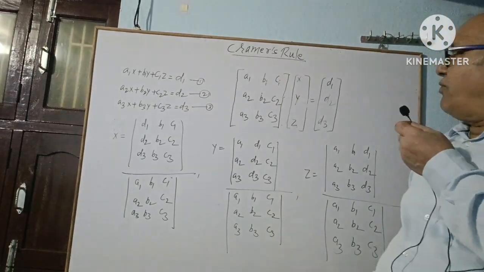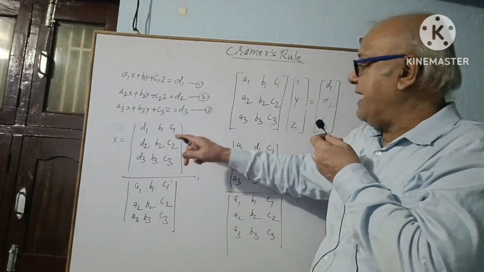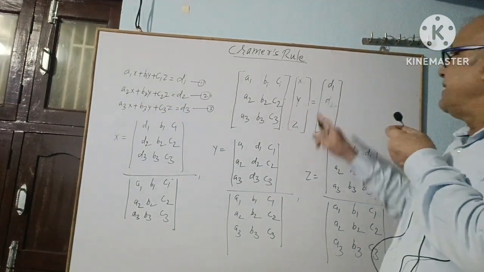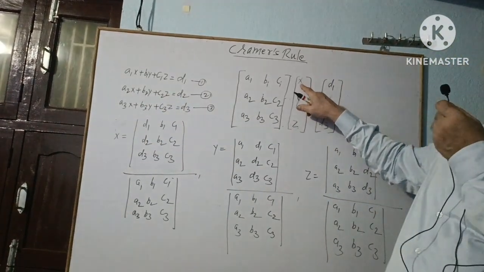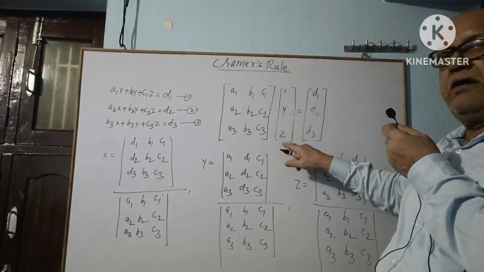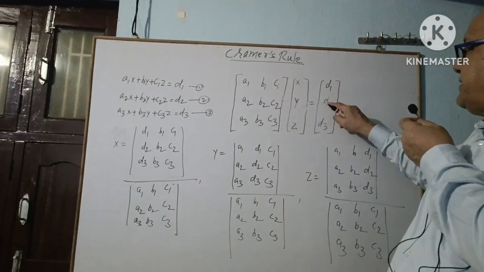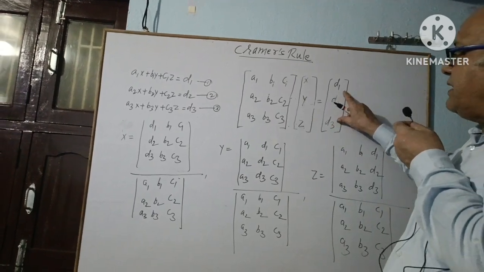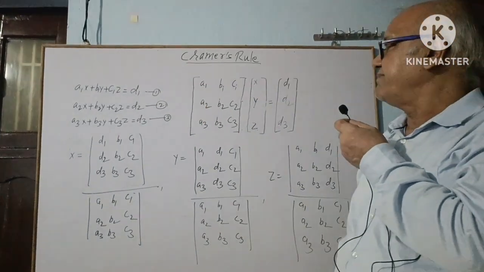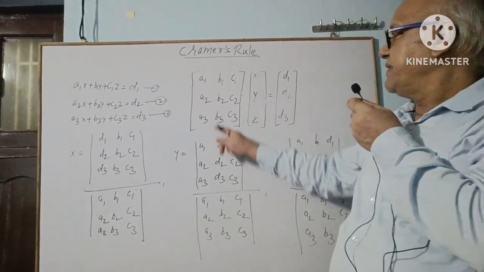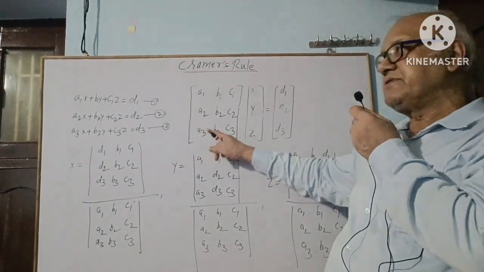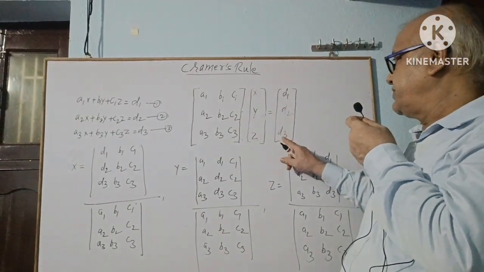So when we have to find x, x is in the first column of this matrix. So d1, d2, d3 will be put here in place of a1, a2, a3. That is, the column a1, a2, a3 will be replaced by d1, d2, d3.